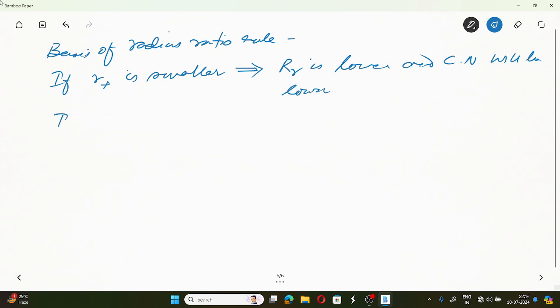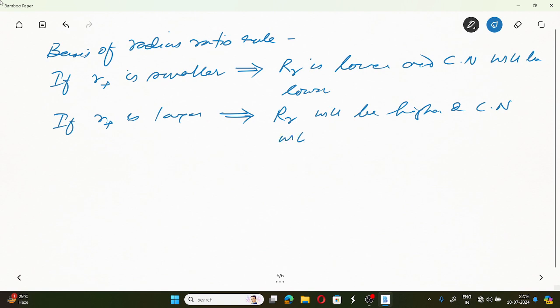And if radius of cation is larger, then radius ratio will be higher, and coordination number will also be higher. So from the knowledge of radius ratio rule, we can have some idea about the coordination number.